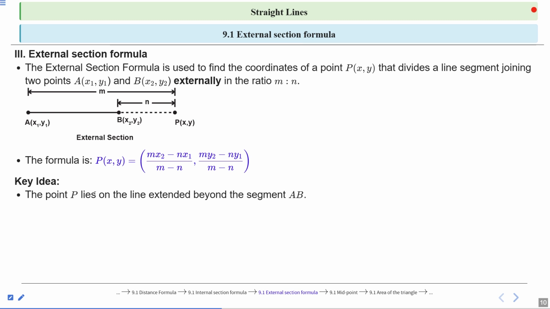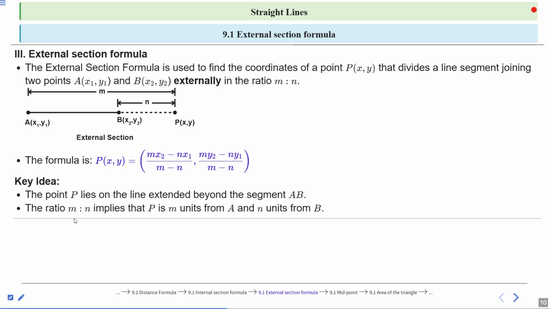And now the key idea: the point P lies on the line extended beyond the line segment AB. So here the point P doesn't lie between A and B. Okay, so the point P lies on the line extended beyond the line segment AB.